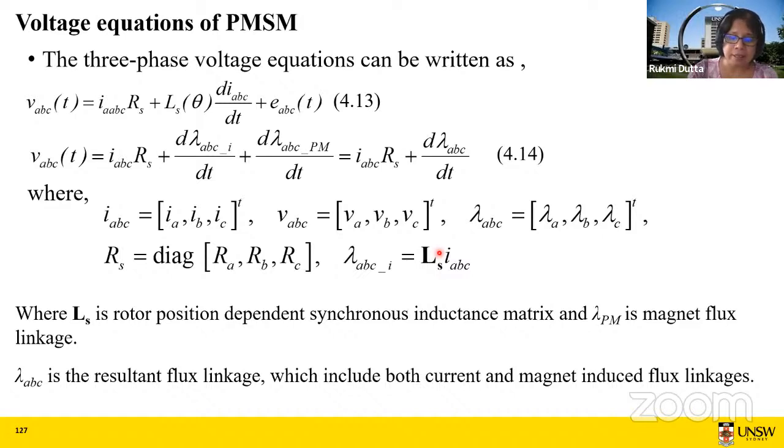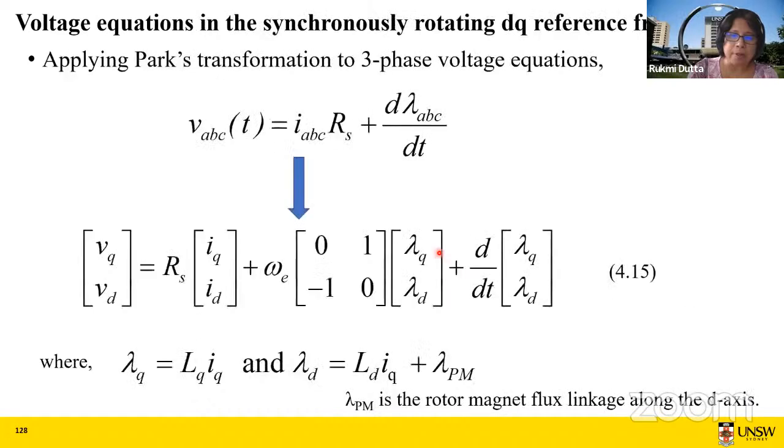So with this, now we are going to apply our transformation. Applying the transformation means we are multiplying our ABC quantities by that matrix: V ABC, I ABC, and lambda ABC, we are multiplying each by this matrix. We're going to use Park's transformation, as I said, for a synchronous machine.